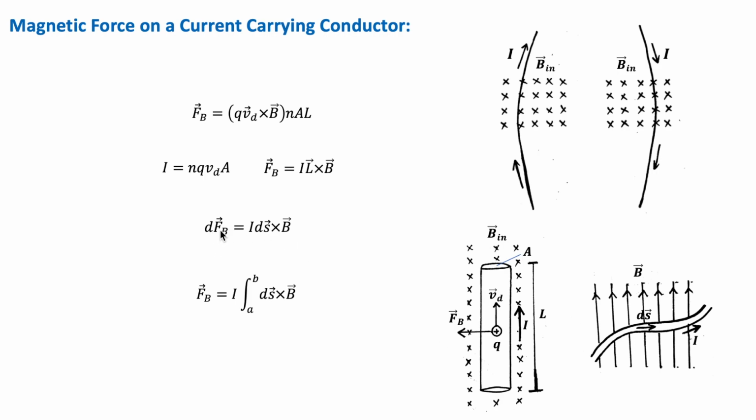So dF_B is equal to I ds cross B, and ds here is a vector for the infinitesimal length segment, okay, and its direction is the same as that of the current. And dF in this case is directed out of the page.